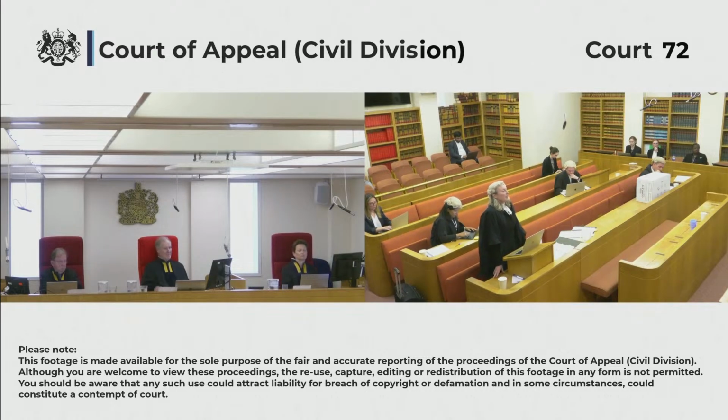So there still has to be a gateway, I would submit. Oh, I realise that we're only here because it got to the Upper Tribunal. So that's true. So I think that the court would have to find that the decision was wrong in some way.